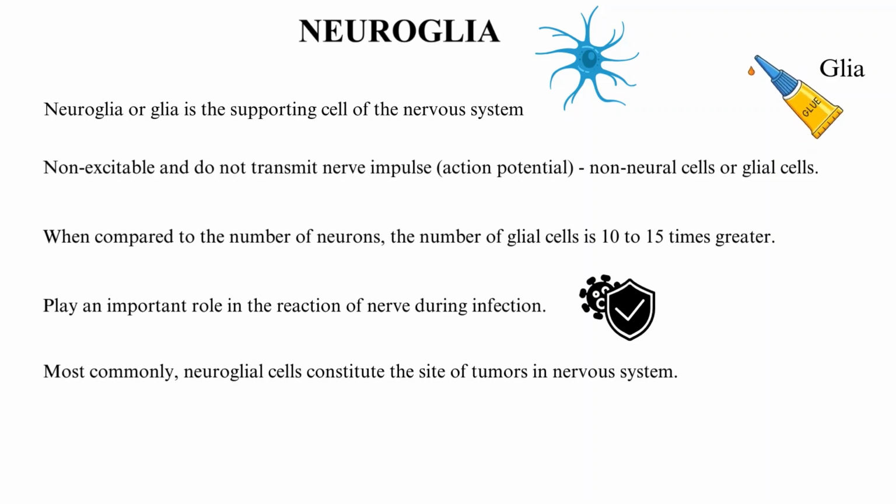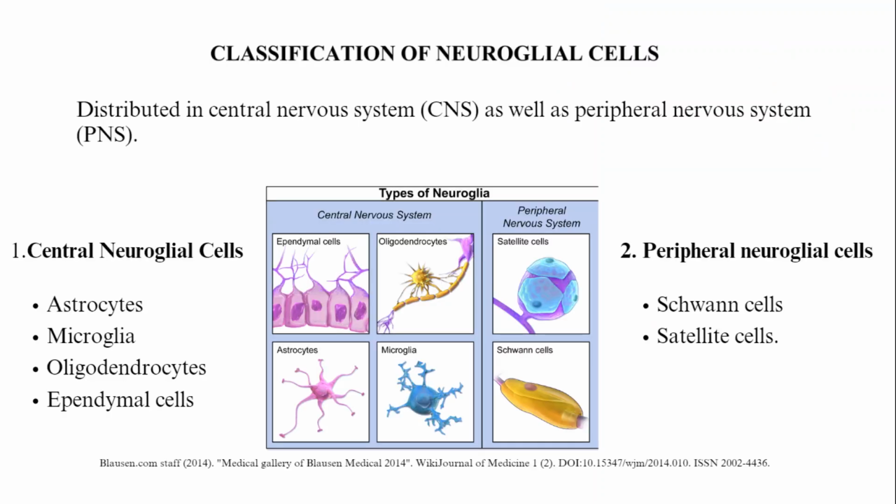These neuroglial cells play an important role in the reaction of nerve endings during infection. Commonly, neuroglial cells constitute the site of tumors in the nervous system. The neuroglial cells are distributed in the central nervous system as well as the peripheral nervous system, based on which they are classified into central neuroglial cells and peripheral neuroglial cells.